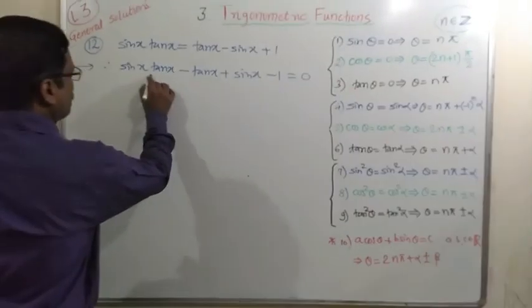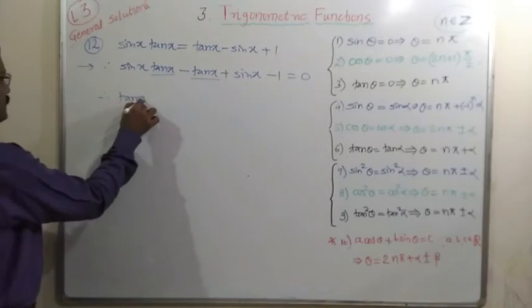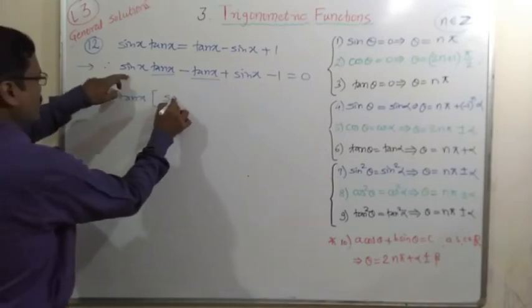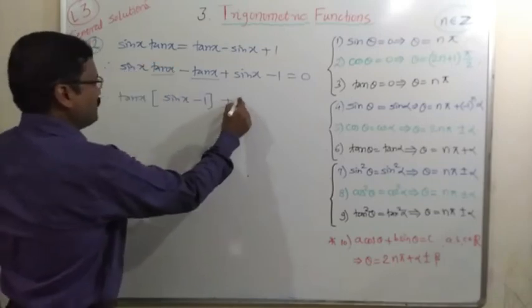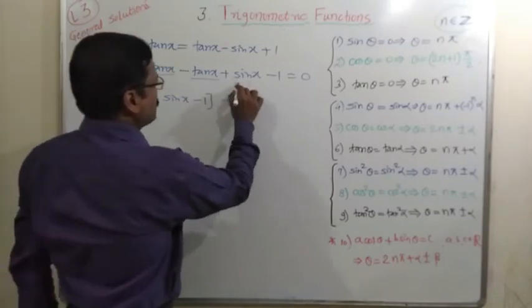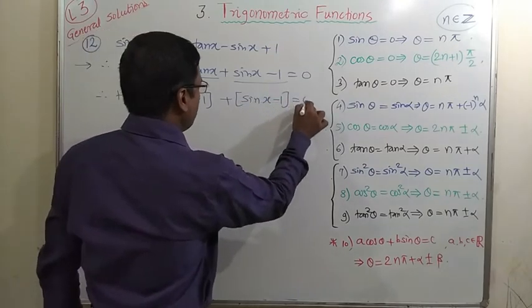Now take tan x common from these two terms. Therefore we get tan x in bracket, remaining sin x minus 1. Again write these remaining two terms in a bracket, that is sin x minus 1 equal to 0.